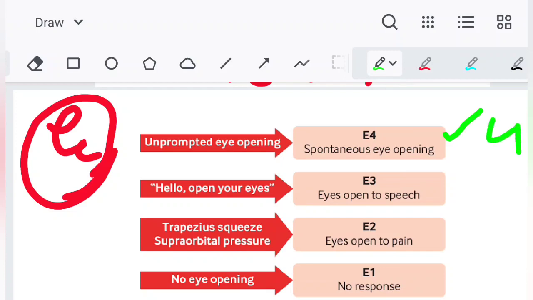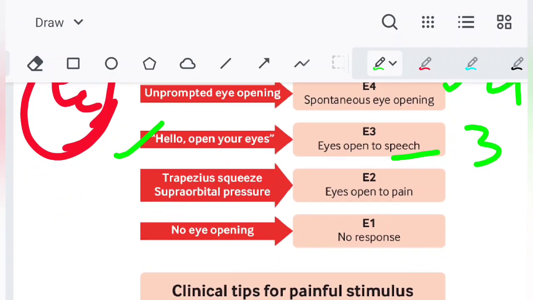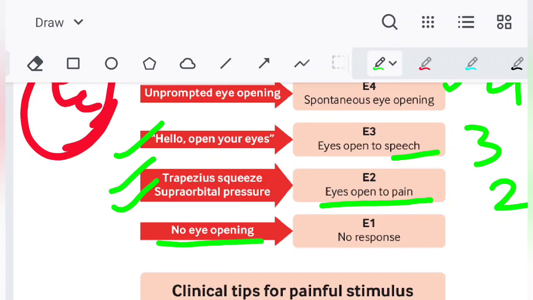If we ask the patient to open the eyes and the patient opens the eyes to speech, that is a score of 3. Then we give a pain stimulus, by trapezius squeeze or supraorbital pressure, and if the eyes open to pain, the score is 2. If even after the pain stimulus no eye opening is there, that is no response, a score of 1.